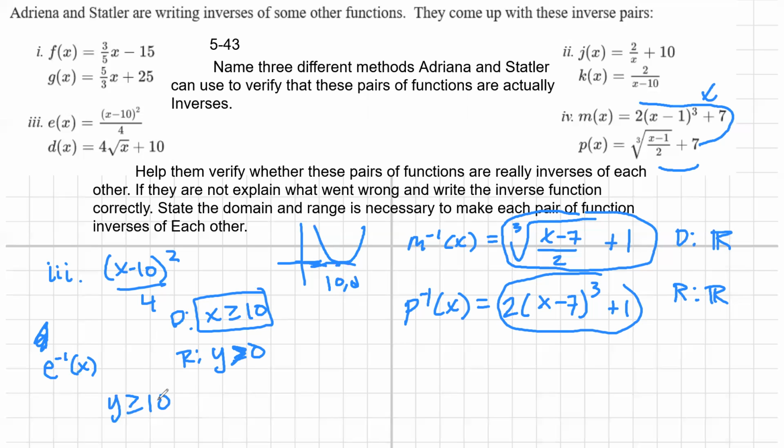And the x should be greater than or equal to 0. So they are reversed, and yeah, these were not inverses of each other. Well, we need to restrict the domain and say x has to be greater than or equal to 10 on that one, and then solve it and see if you get that is the appropriate thing.